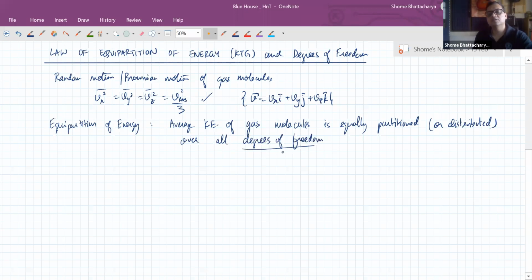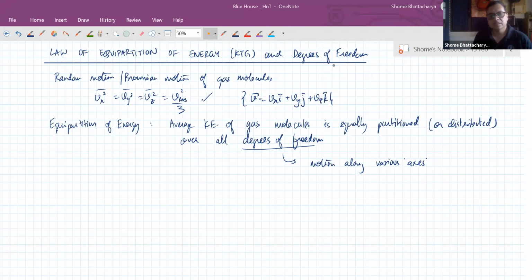So what is meant by degrees of freedom? Motion along various axes. I'm describing what is meant by degrees of freedom.